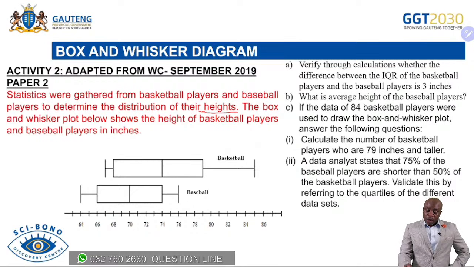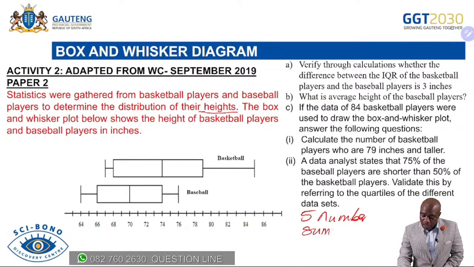The box and whisker summarizes the 5 numbers that we looked at on Wednesday. We look at the 5 number summary. What are those numbers that we summarize?